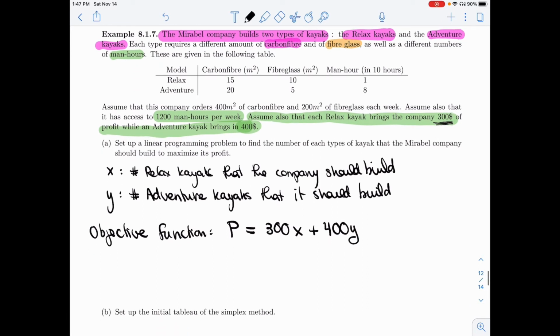Now we need the constraints. We need one constraint for each resource.